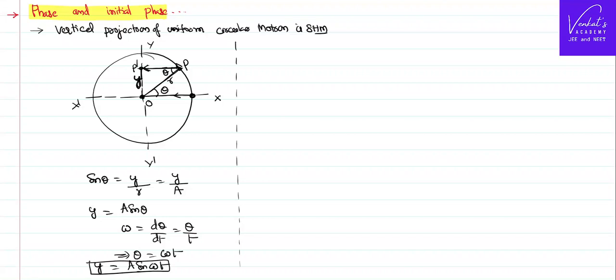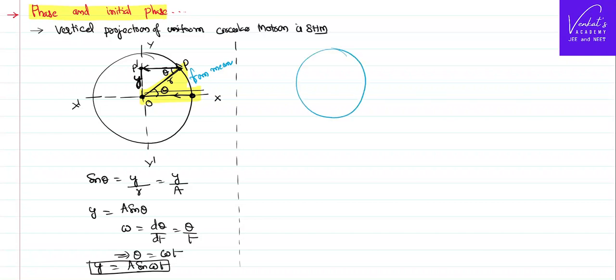The important part here is that it has started from the mean position, so the angular displacement theta is measured from the mean position itself. The question is, what if it has not started from the mean position?